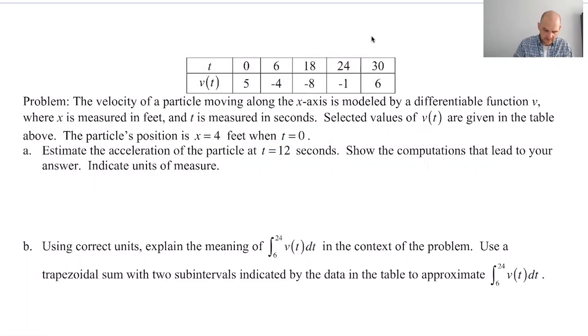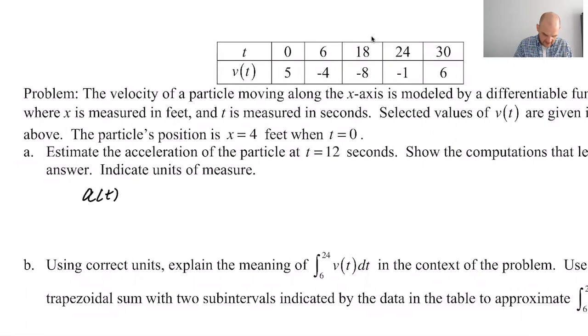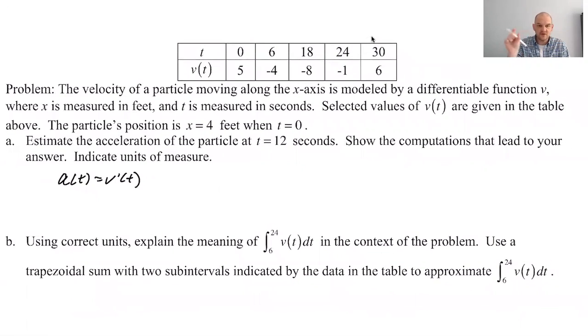Super common problem. So I'm going to say a of t is equal to v prime of t. The reason I'm saying that is you're supposed to connect acceleration to velocity and connect velocity to position, so I'm just getting that out of the way.